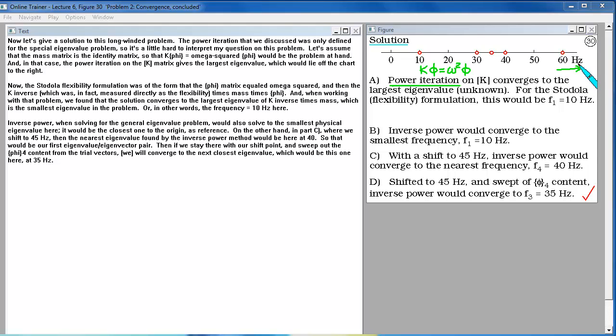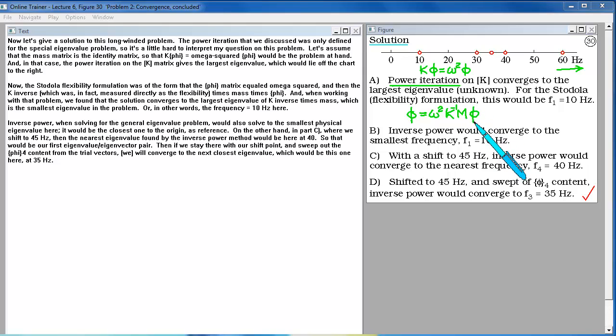Now the Stodola flexibility formulation was of the form that the phi matrix equaled omega squared, and then the K inverse, which was in fact measured directly as a flexibility, times mass times phi.